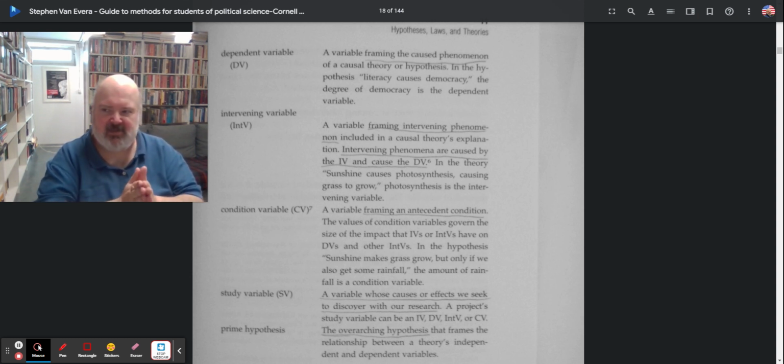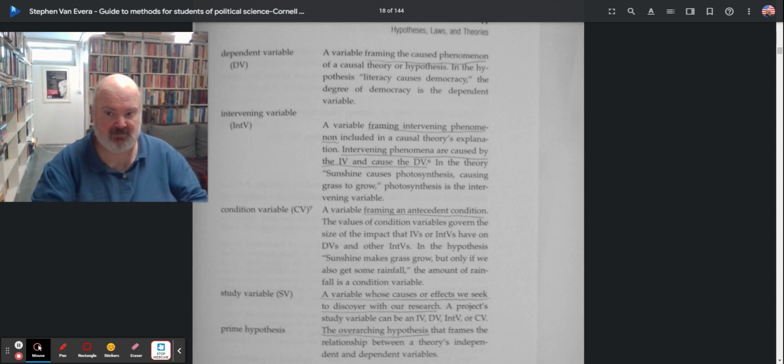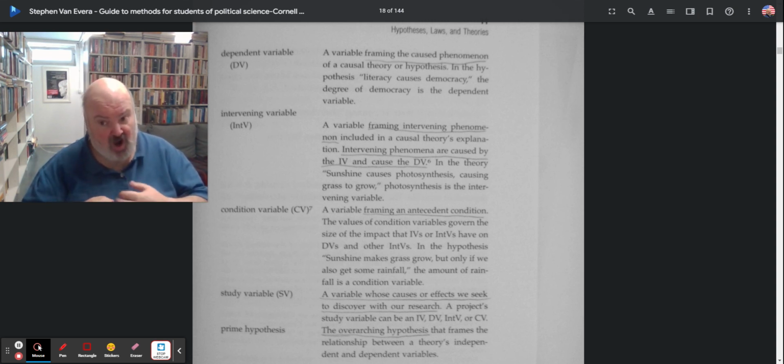In other cases it can be something that is caused by something, and we're not looking at anything further. Or it can be caused by something else but then cause something else. Therefore, the intervening variable is both caused by something and causing something.